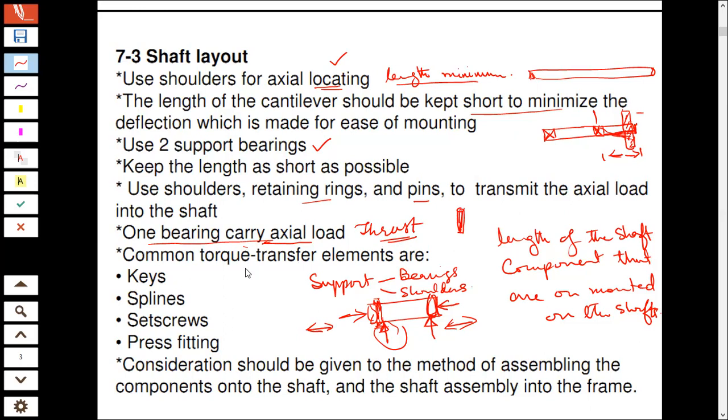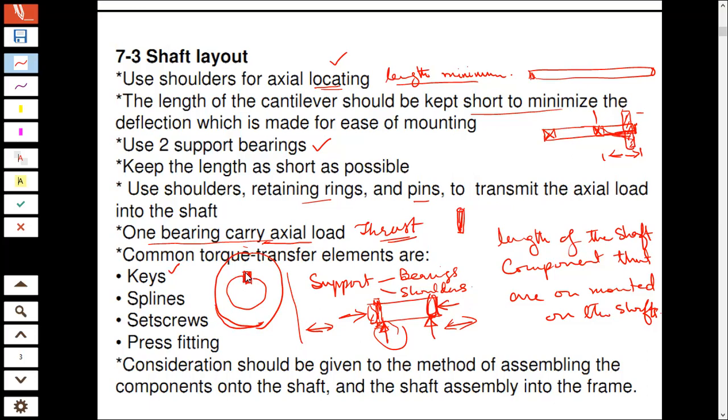Now, there are torque transfer elements that you use when you mount other components on shafts. For example, keys. You would have seen a key: in a shaft there is a keyway, and then you put a key over here to secure any pulley or a gear in here.